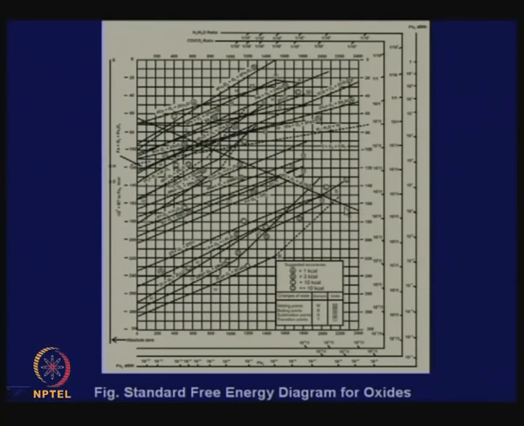So, in theory, we can reduce any oxide by carbon to form carbon monoxide, and carbon can take out that oxygen from that oxide. I will continue with this in my next lecture, because this is the heart of reduction by carbon, and this we have to understand very, very thoroughly.